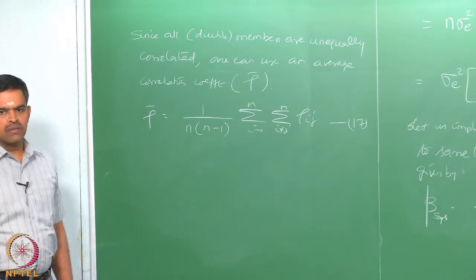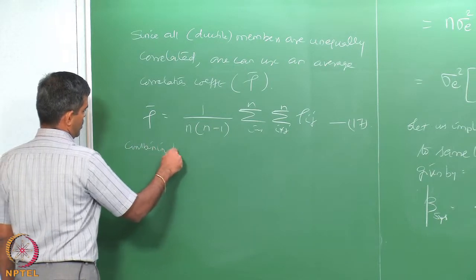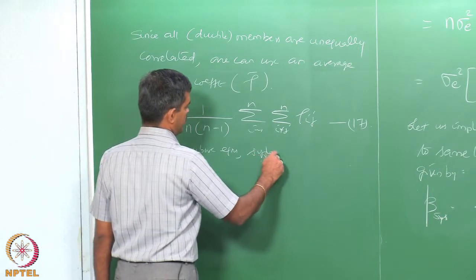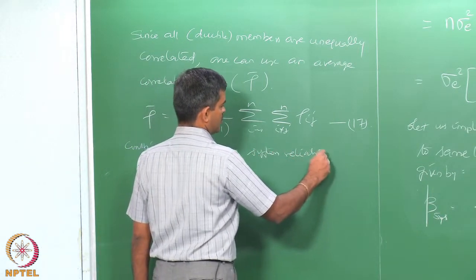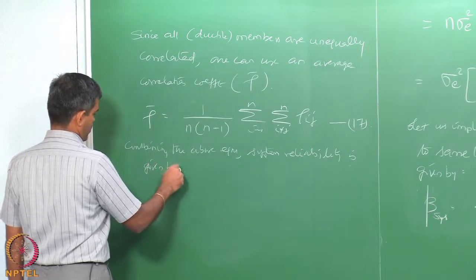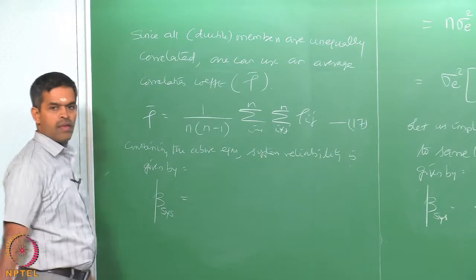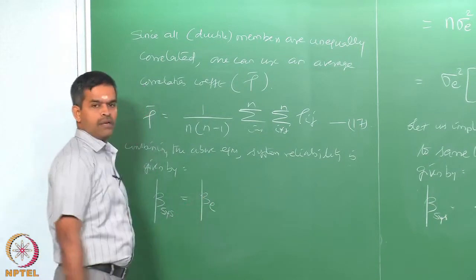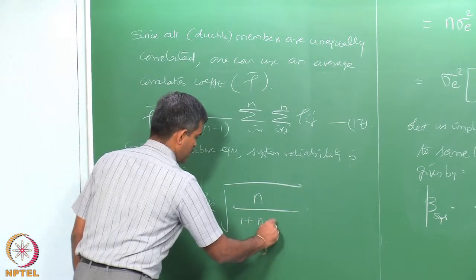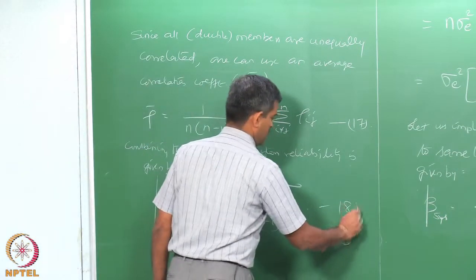Combining the above equations, one can write the system reliability as the element reliability by root of 1 plus n minus 1 times rho bar, equation number 18.